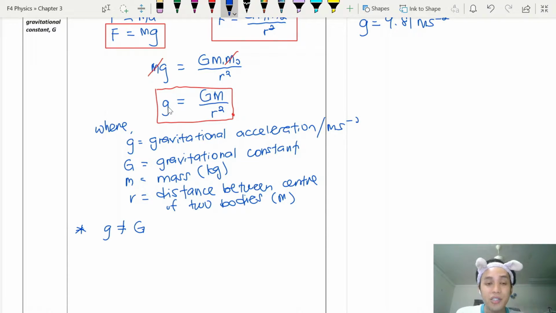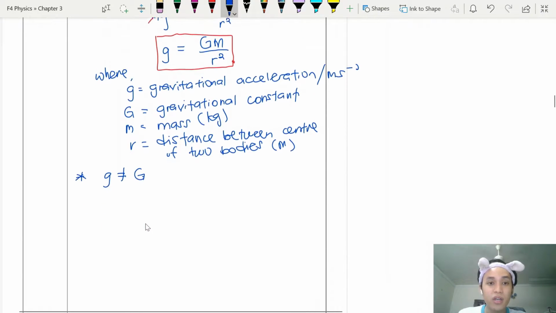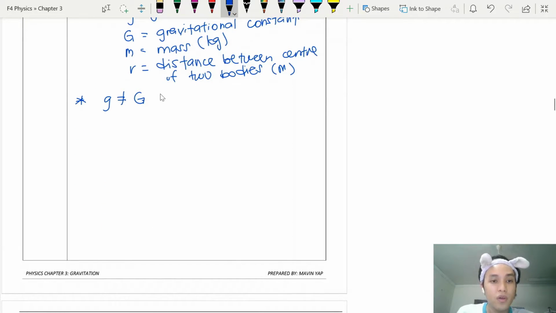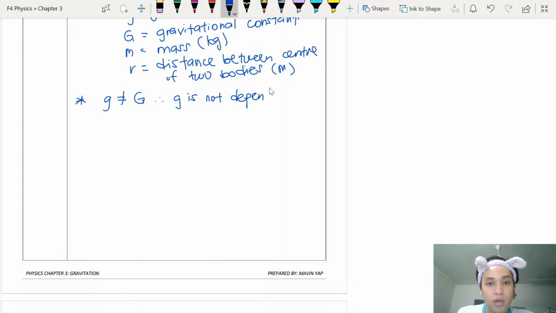Your gravitational acceleration does not depend on the gravitational constant. You need to remember the relationship. Meaning this does not affect our gravitational acceleration.